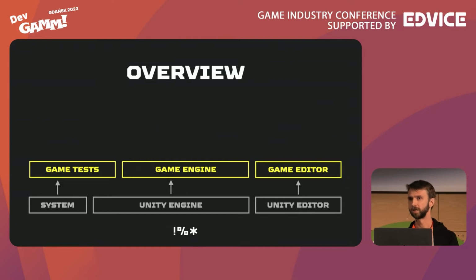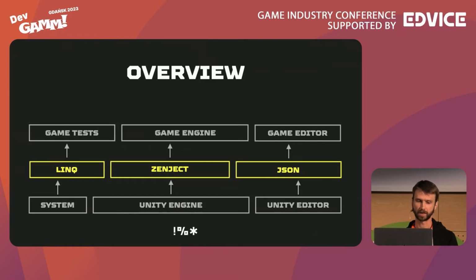We will have some custom classes, some custom behaviors, and maybe some editor scripts that are based on Unity engine stuff and maybe some system libraries. If our project grows, you will probably add some new modules in the form of libraries or Unity packages, maybe NuGet packages.